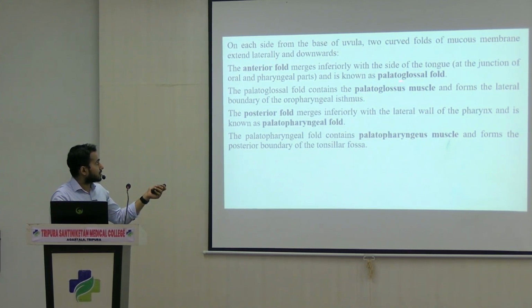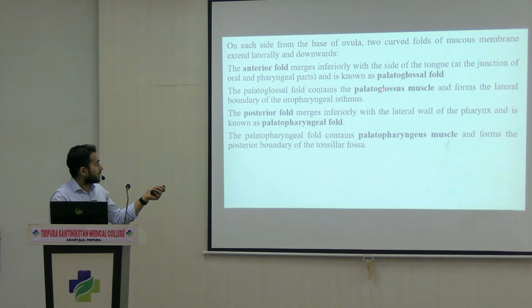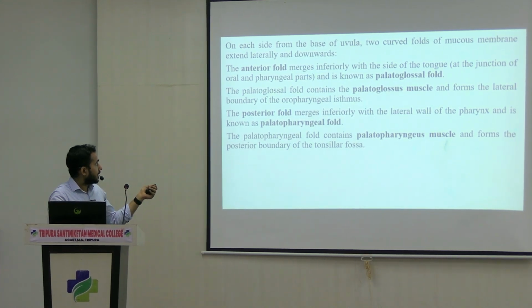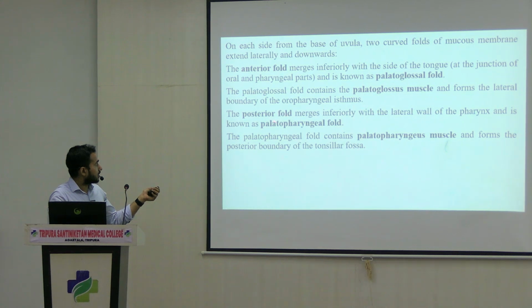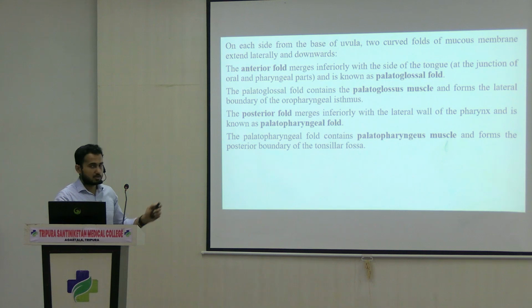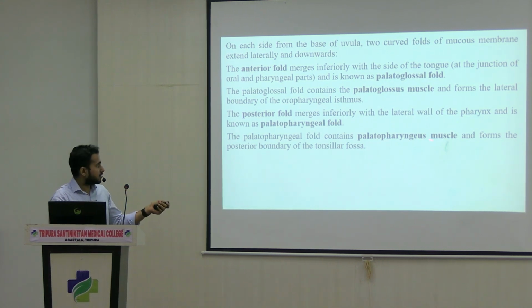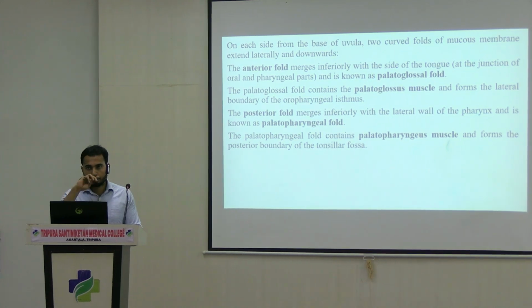The anterior fold is called the palatoglossal fold, which contains the palatoglossus muscle, and the posterior fold is called the palatopharyngeal fold, which contains the palatopharyngeus muscle. This palatopharyngeus muscle also forms the posterior boundary of the tonsillar fossa.